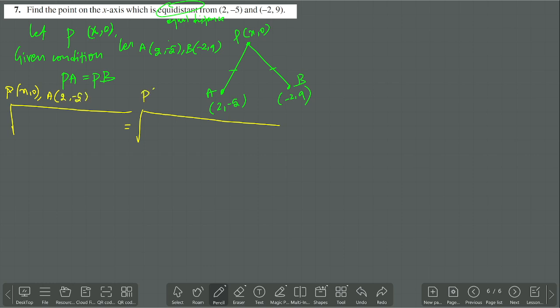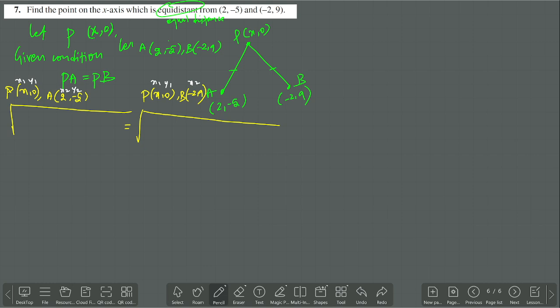And here P point is x comma 0 and B point is minus 2 comma 9. Now listen. Let me substitute all these things. This is my x1, y1, x2, y2, with x1, y1 for the right-hand side.